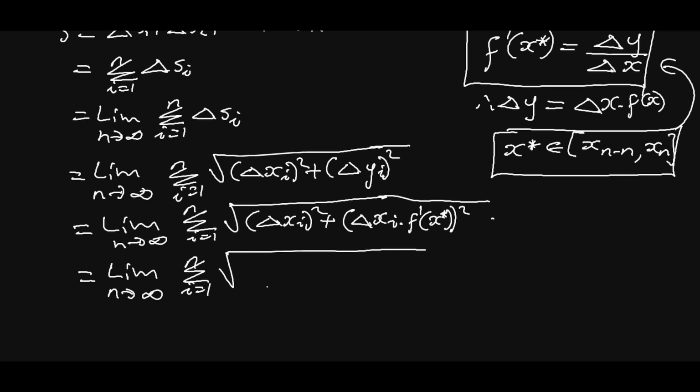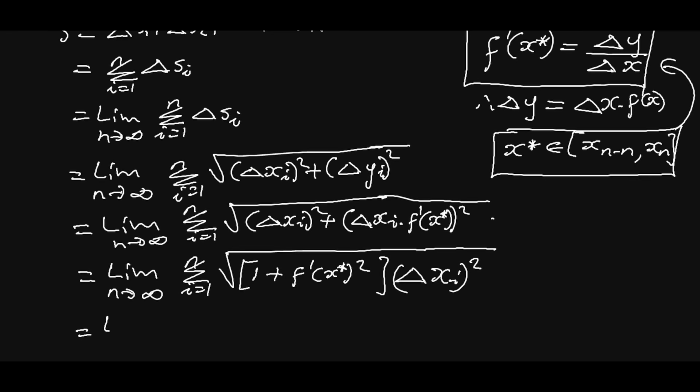What we see is that the delta xi is common, so we can write it once. So this will leave us with the 1 here, plus the function f prime star, and this is power 2, then 1 delta xi power 2, right?